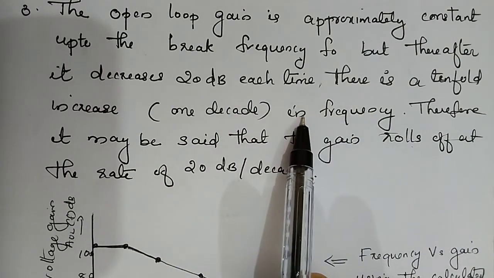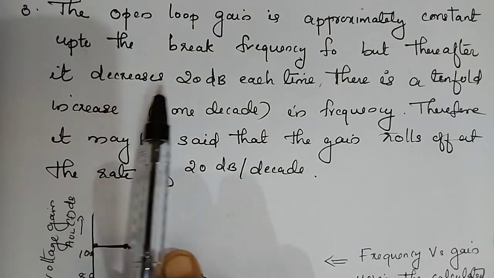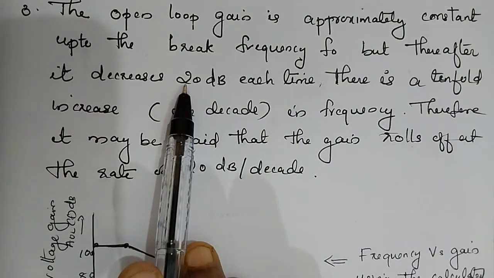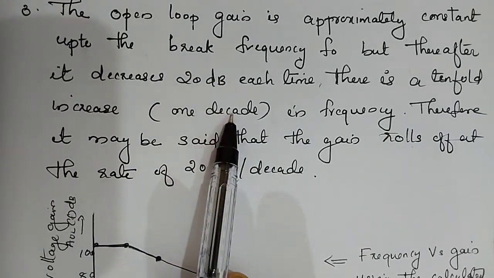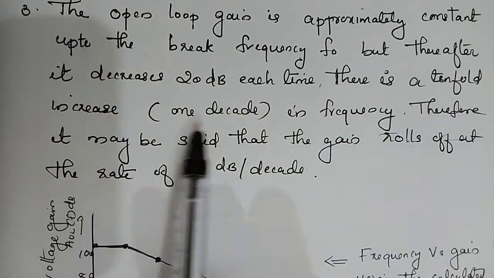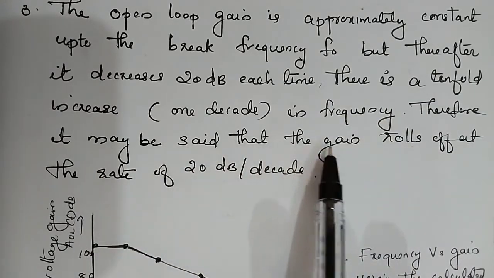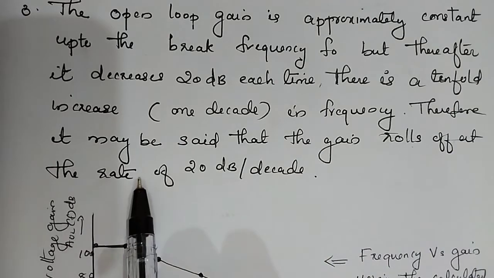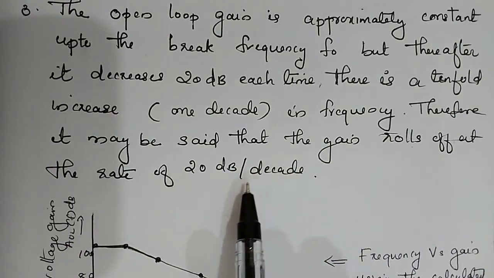That means when frequency increases, the open loop gain decreases at a rate of 20 dB for 1 decade. Therefore, it may be said that the gain rolls off at the rate of 20 dB per decade.